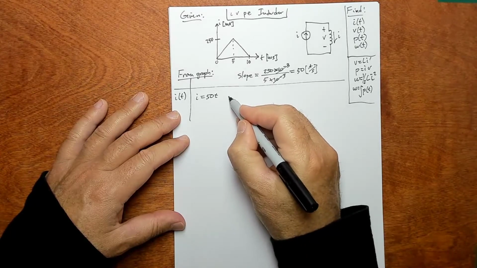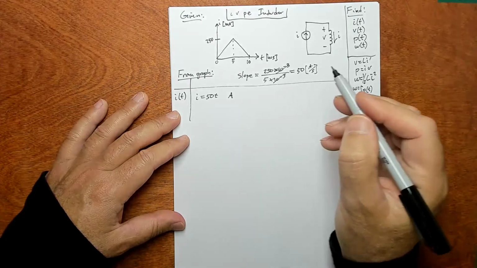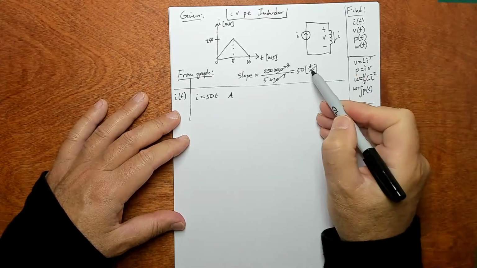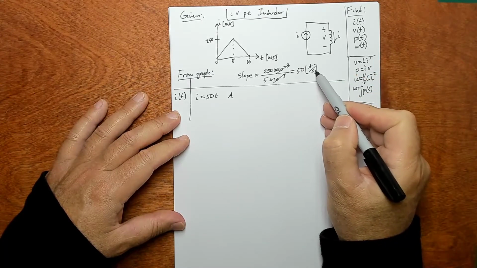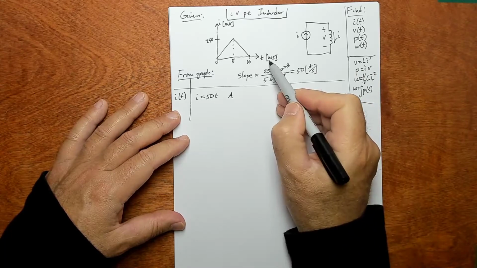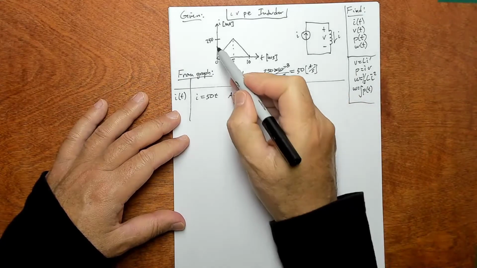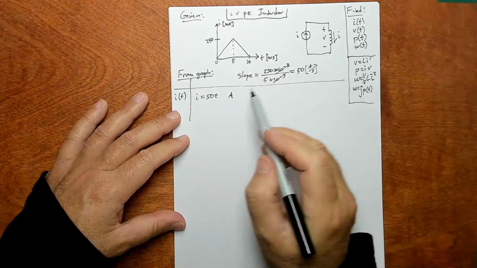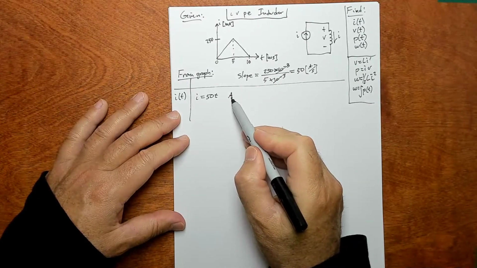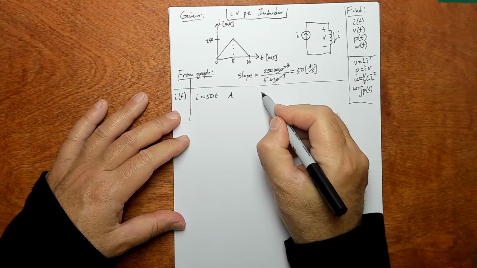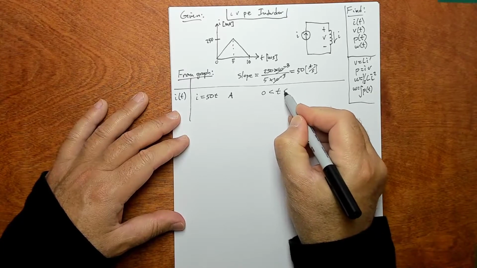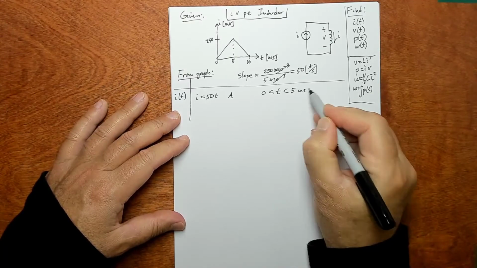This is going to be amps, and you have to kind of think about that, because the slope is in base units, amps per second, and when you put in the milliseconds in here, you're going to get milliamps out. So that's what the base units are, amps, and this is from 0 to 5 milliseconds.